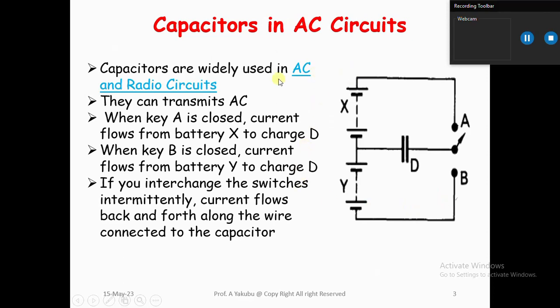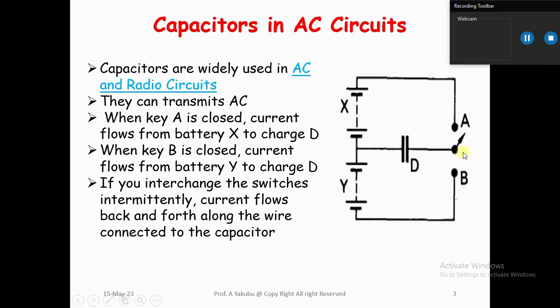Capacitors in AC circuits. Capacitors are widely used in AC, alternating current, and radio circuits. They can transmit alternating current. When you look at the diagram, when key A is closed, current flows from battery X to charge the capacitor D here.